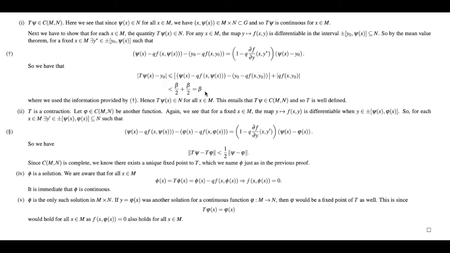When we add these two quantities we get beta. So what that tells us is that T psi of x always lies in the interval capital N for every x in M, because its distance from y naught is at most beta.